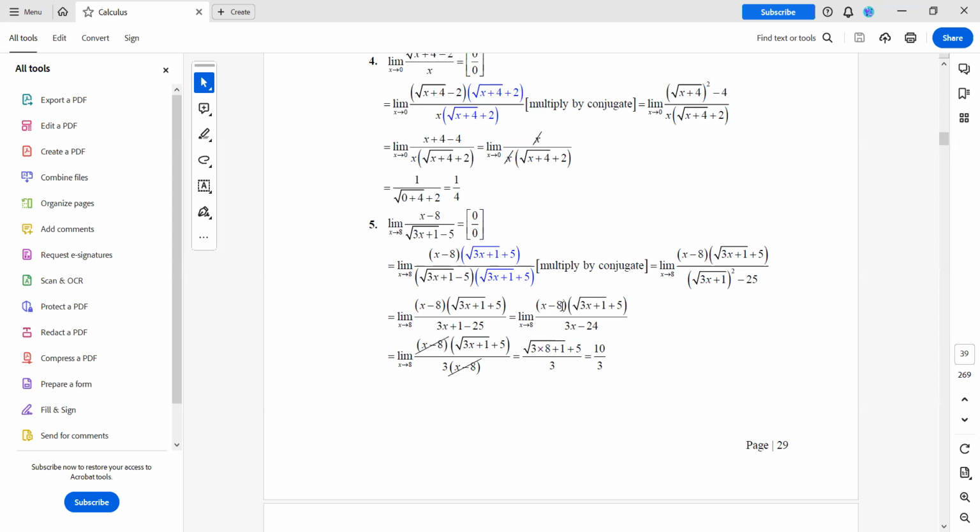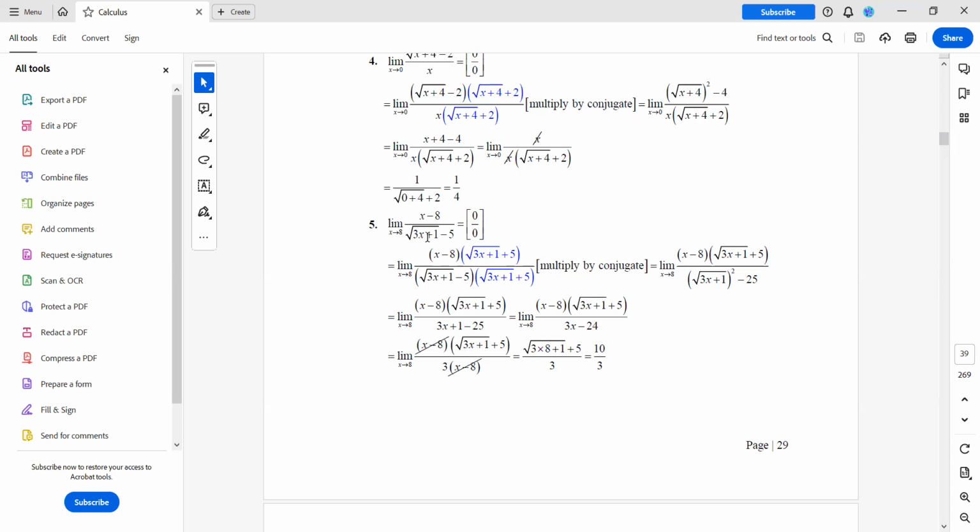The numerator is x minus 8 times square root of 3x plus 1 plus 5. Now we can simplify 3x minus 24. We can bring 3 out, then you have 3 open bracket x minus 8, which gives me 3x minus 24. So x minus 8 cancels x minus 8. I'm left with square root of 3x plus 1 plus 5 over 3.